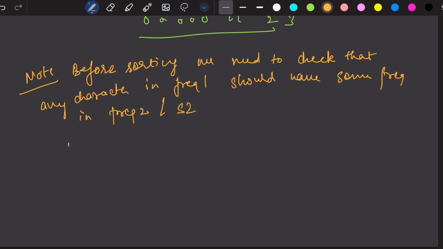Why? Because if P in S1 has one frequency, then in S2 it should have either 2 or 3 or anything, but it should have a minimum of 1, not 0.